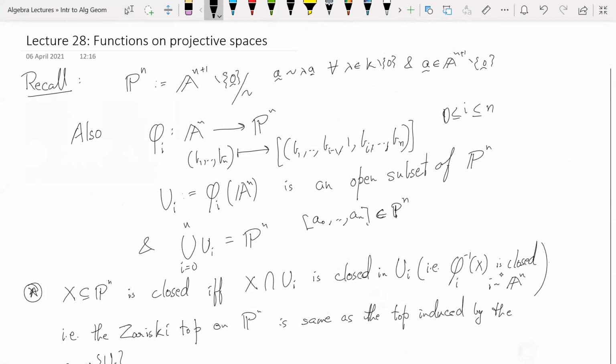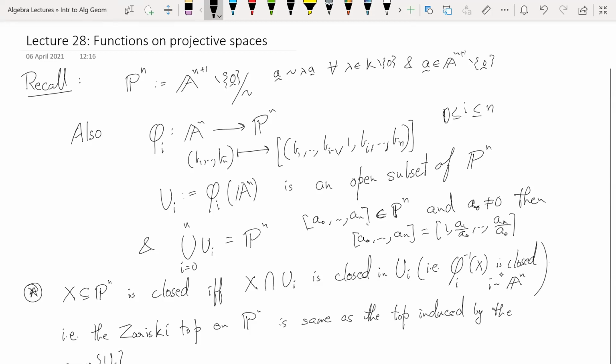So say a0 is non-zero, then (a0,...,an) is the same as (1, a1/a0, ..., an/a0), because if you multiply the right-hand side by a0 you get the left-hand side, and since a0 is non-zero, this division makes sense.